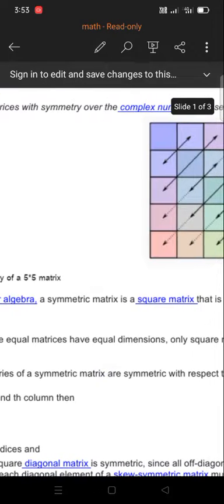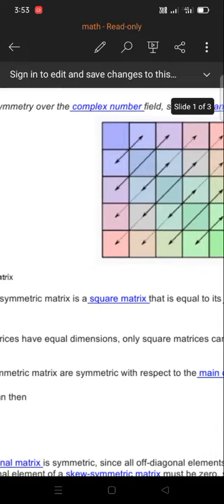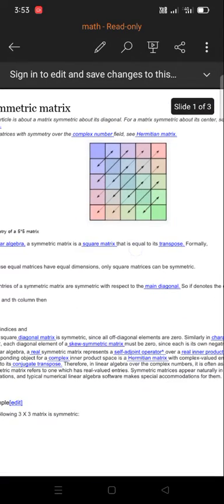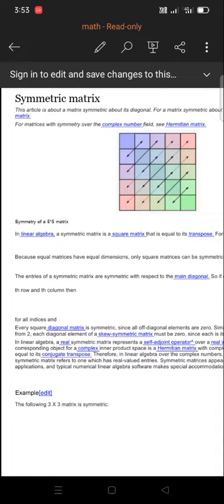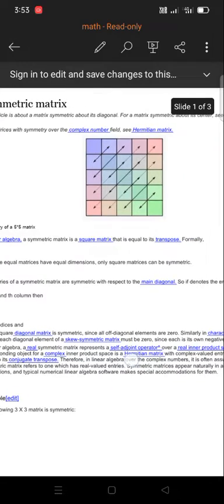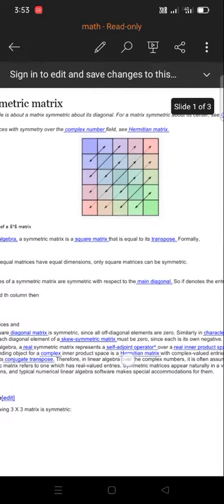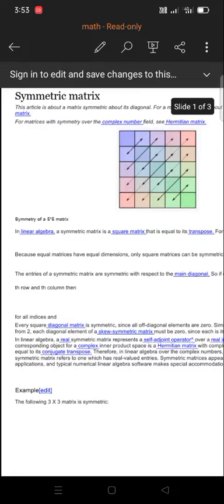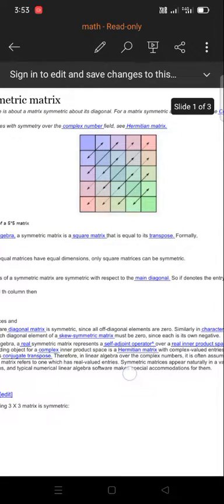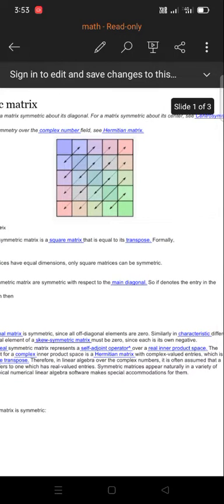In linear algebra, a symmetric matrix is a square matrix that is equal to its transpose. Because equal matrices have equal dimensions, only square matrices can be symmetric. The entries of a symmetric matrix are symmetric with respect to the main diagonal.